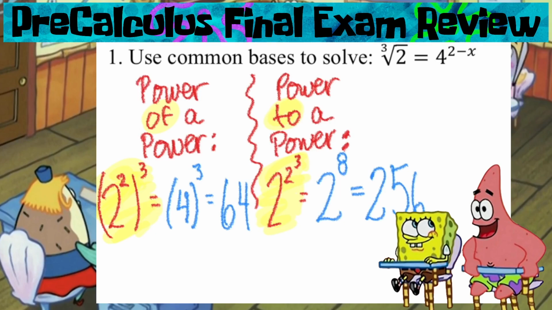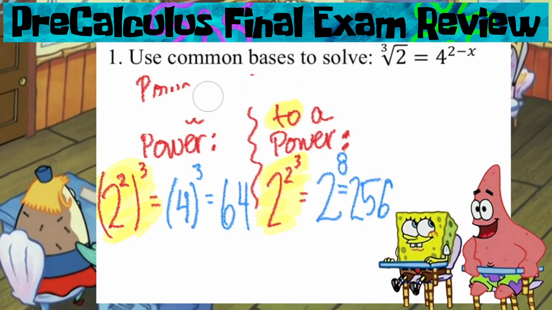Sorry, he's a little squished over there. So we get very different answers here, right? That's a 6, not a B. I know, I'm sorry. So totally different answers, power to a power versus power of a power. A lot of people do say it wrong, incorrectly. Feel free to correct them so they can be better next time.